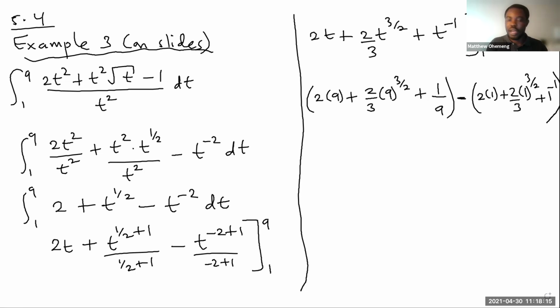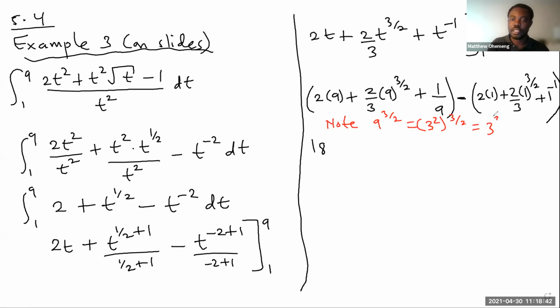So now we just simplify this, right? So here we have 18. And then for this one, 9 to the 3 over 2 is the same as what? 3 squared to the 3 over 2, which is equal to, the 2 cancels out.